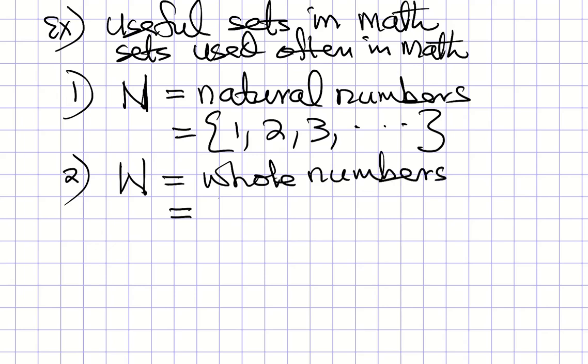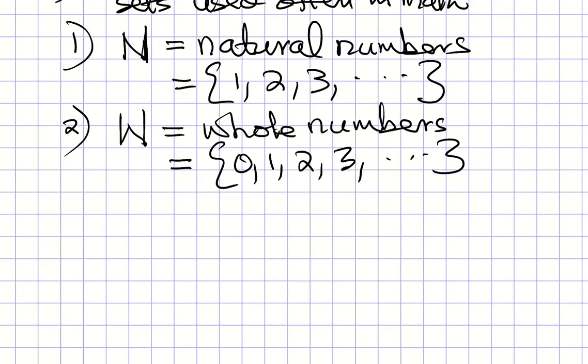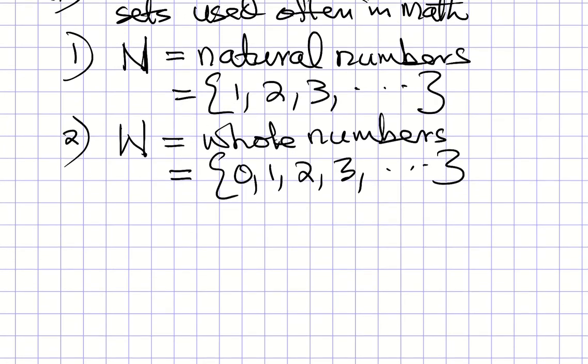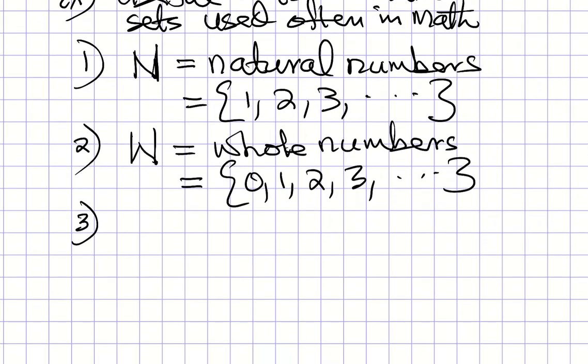It's the same thing as the set of natural numbers, but you just add 0: 0, 1, 2, 3, and then to infinity. And then you have what they call the set of integers. We talked about that before. This is example number 3, a set used by mathematicians regularly.